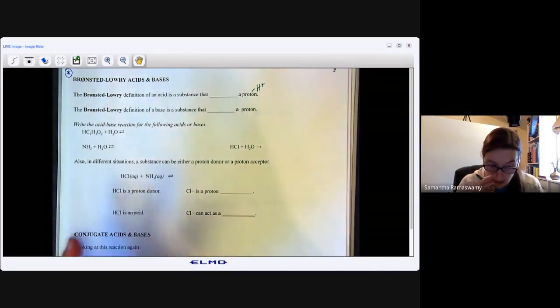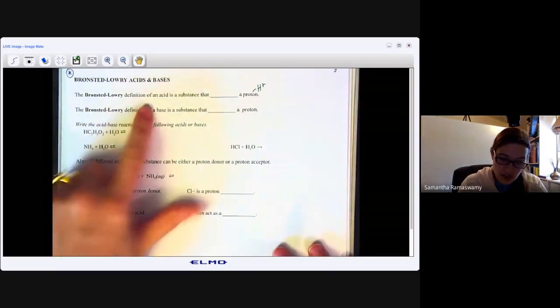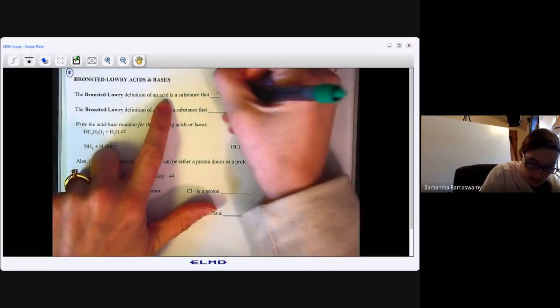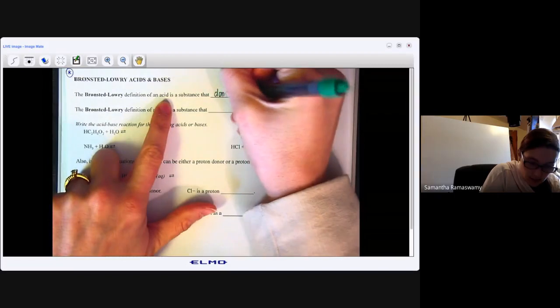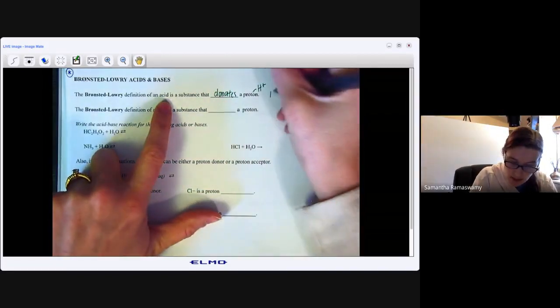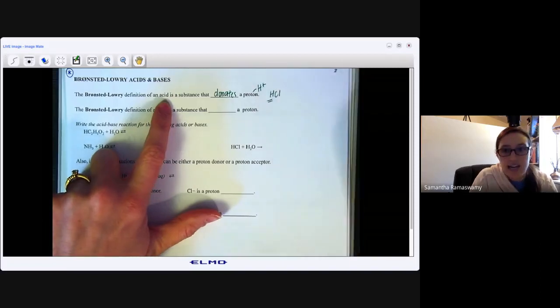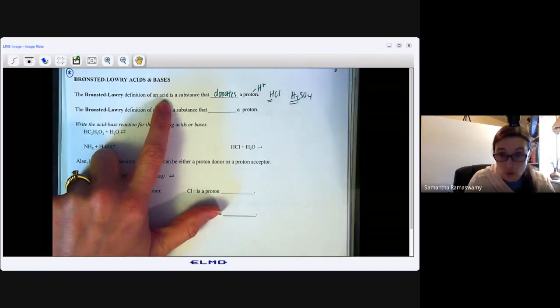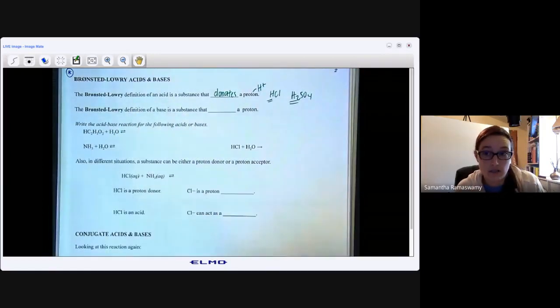The Bronsted-Lowry definition of an acid is a substance that donates a proton. An acid has an H+ to donate. HCl has this proton to donate. H2SO4 has 2 H+ to donate.